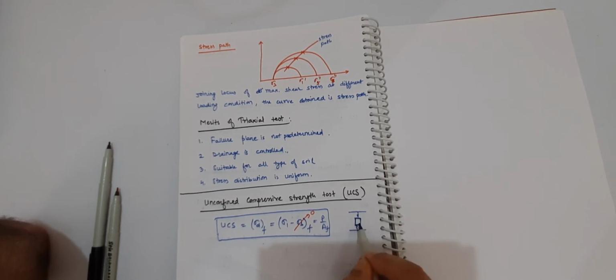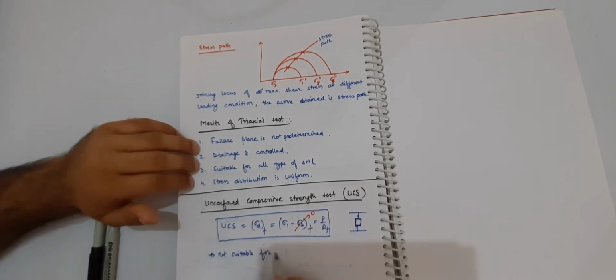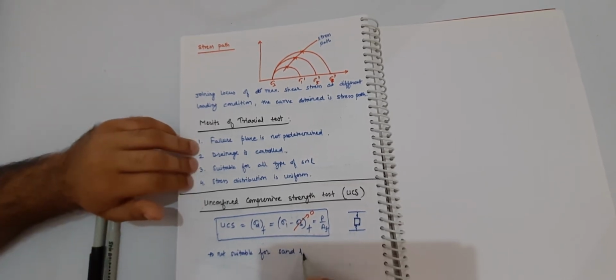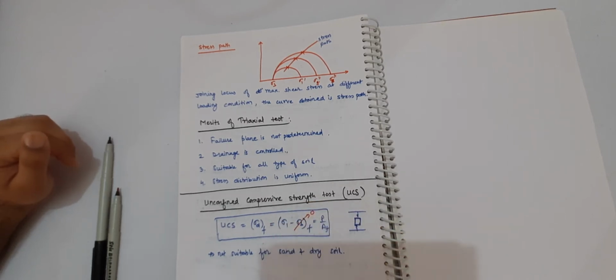So this test is not suitable for sand and dry soil. The Mohr circle we obtain in the unconfined compressive strength test is a unique Mohr circle.